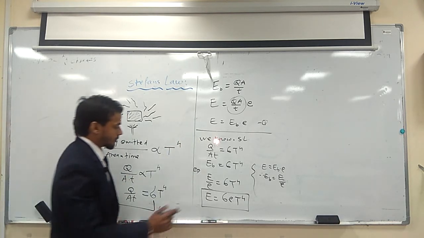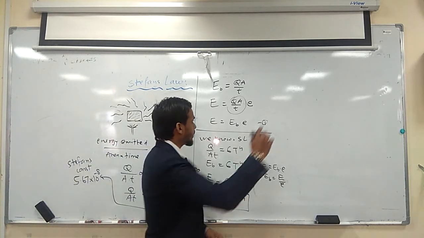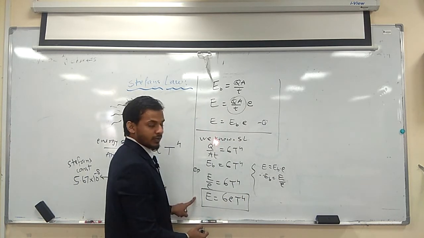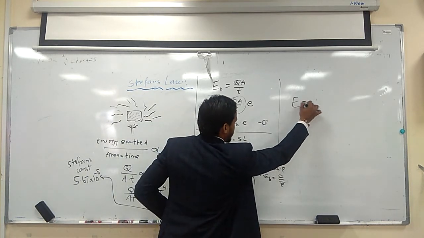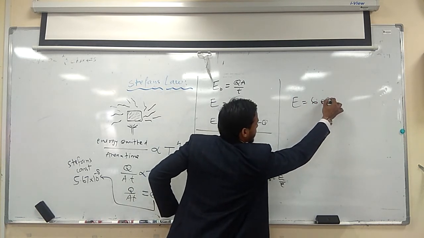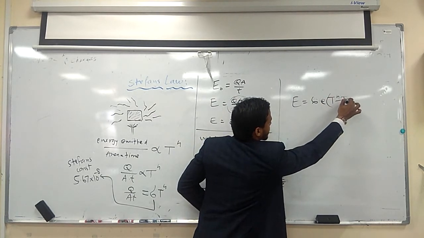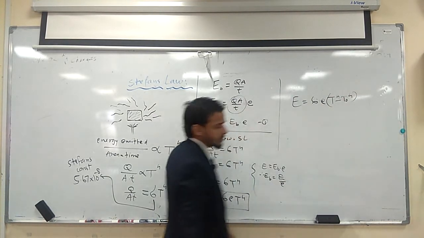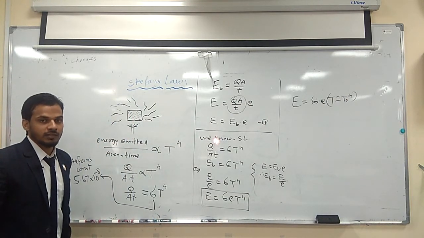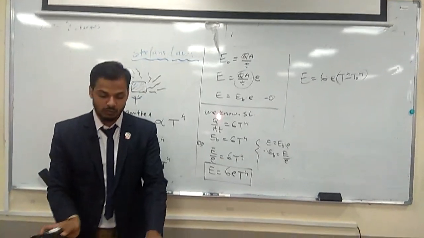Now if I say that there is a difference in temperature, I can write like this, E is equal to sigma into e into T power 4 minus T naught power 4. What is T naught power 4? T naught is the outside temperature of the surrounding. T naught power 4 is the temperature of the surrounding.